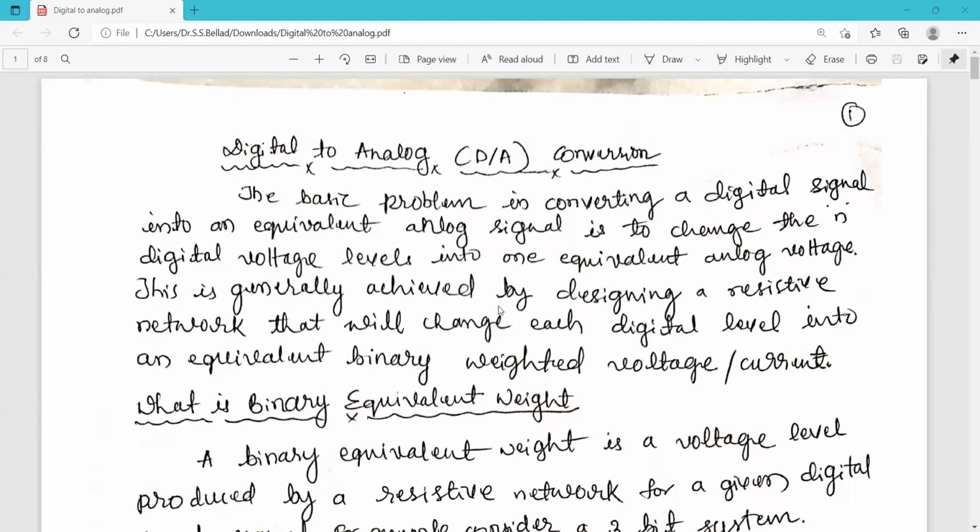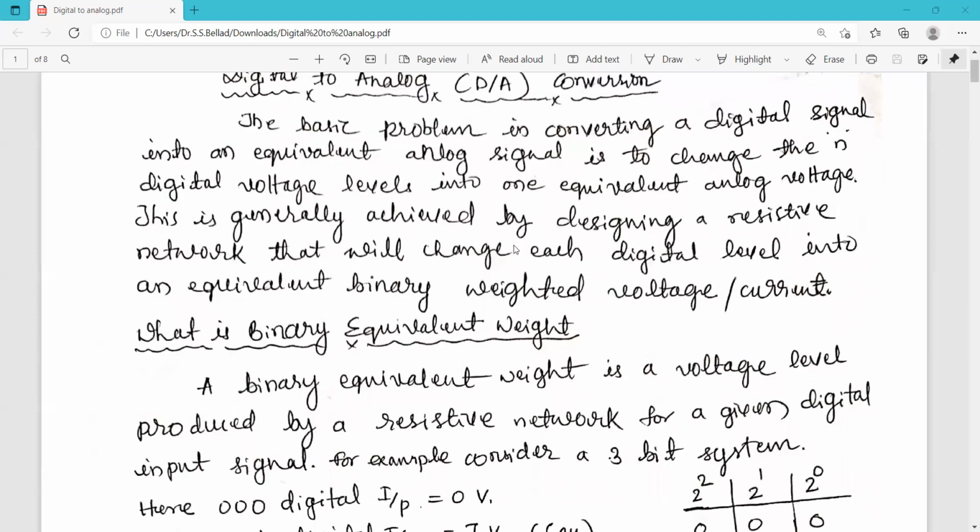This is generally achieved by designing a resistive network that will change each digital level into an equivalent binary weighted voltage or current. So this process is generally done by a resistive network, which changes each digital level into an equivalent binary weighted voltage or binary weighted current.